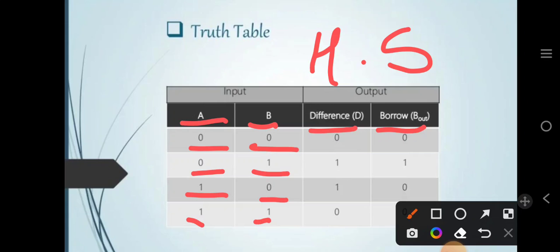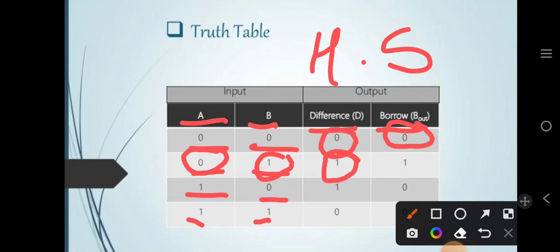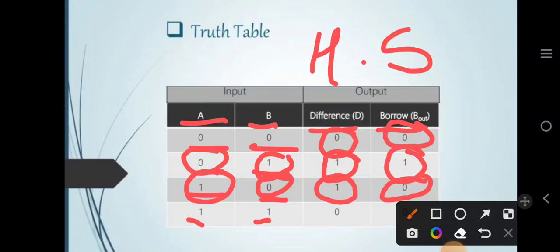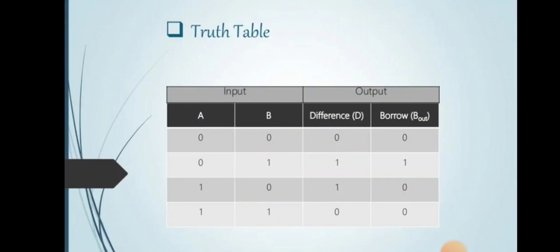While doing the subtraction, if you subtract 0 from 0, you will get the difference 0 and the borrow 0. If you subtract 1 from 0, then you will get the difference 1 and the borrow 1. If you subtract 0 from binary number 1, you will get 1 as difference and 0 as borrow. And the last combination is if you subtract 1 from 1, then you will get difference 0 and the borrow 0. So this is the truth table.